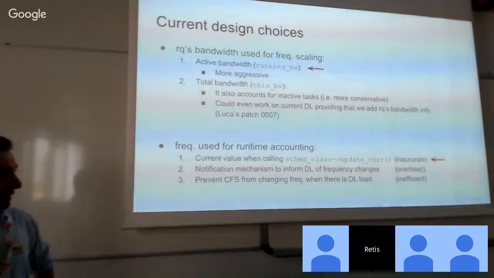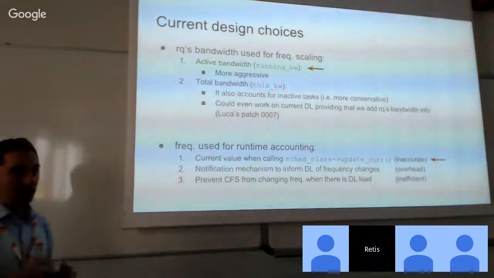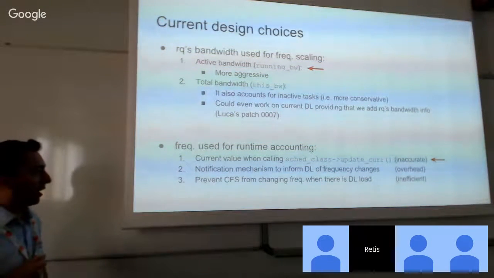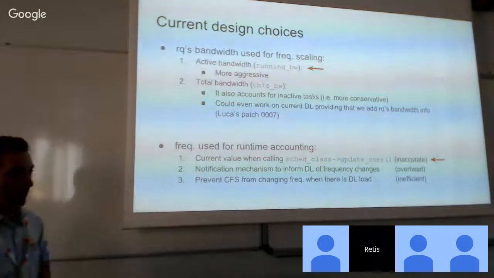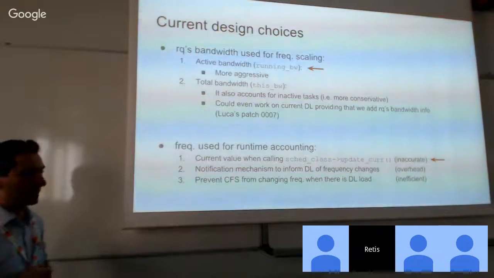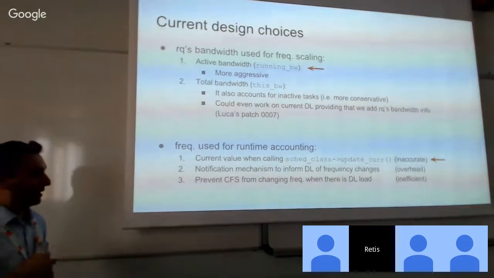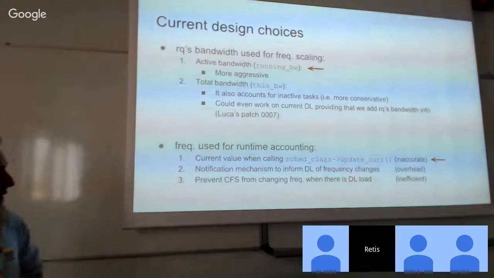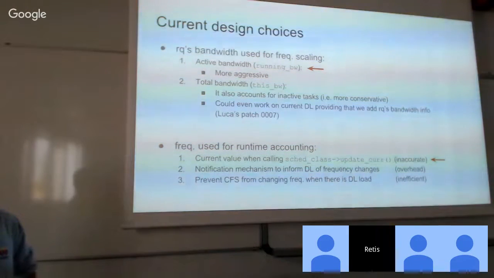This is slightly inaccurate because in the meantime the frequency could have been changed several times, and so you just use the final frequency you see for accounting the runtime of the task. But at the moment, this seems to us the better approach. Again, if you think that we should take a different approach, just discuss it.